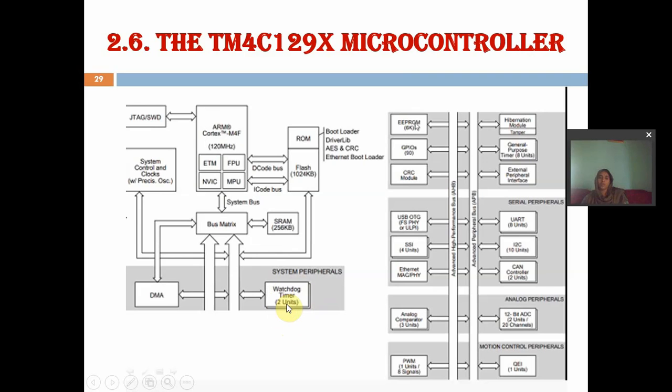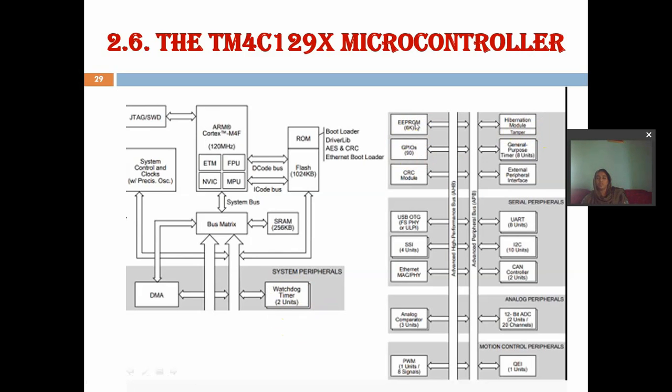We have 2 watchdog timers, and EEPROM, electrically erasable ROM, for instruction operation, and GPIOs, general purpose IOs, and hibernation mode. It is mainly used for low power consumption.